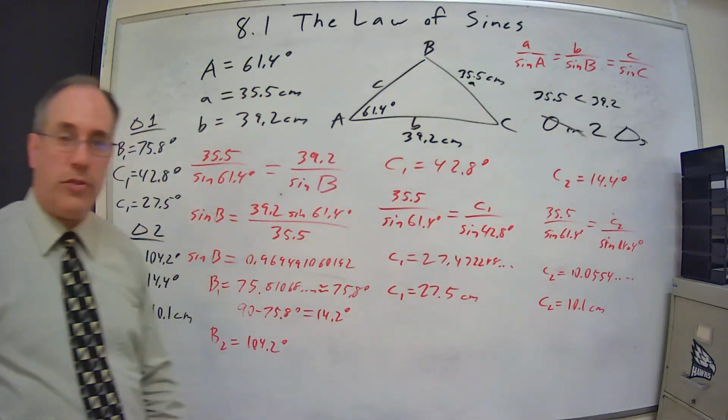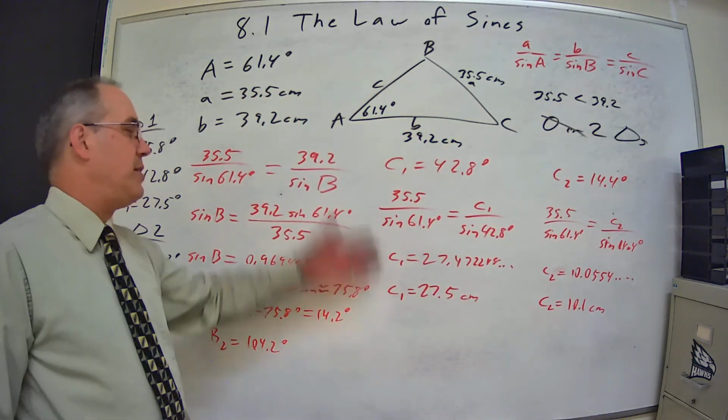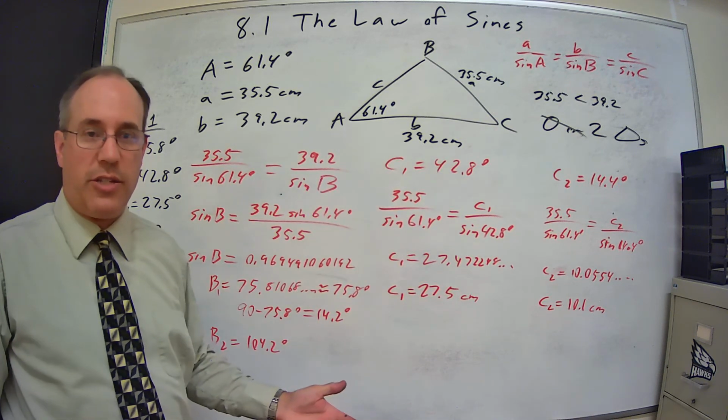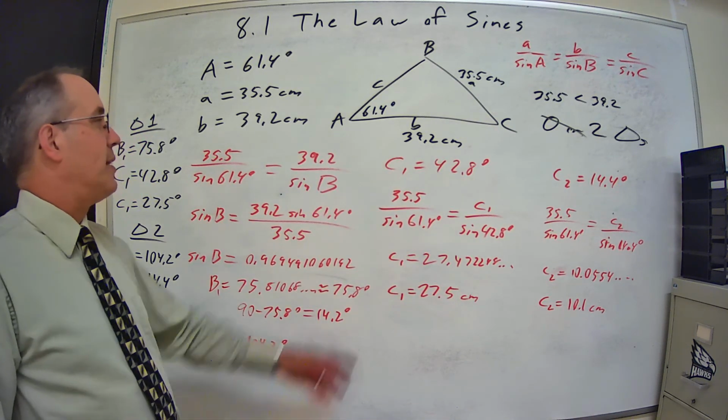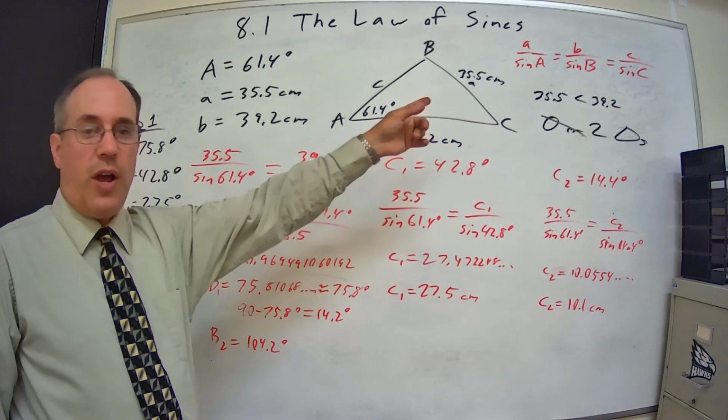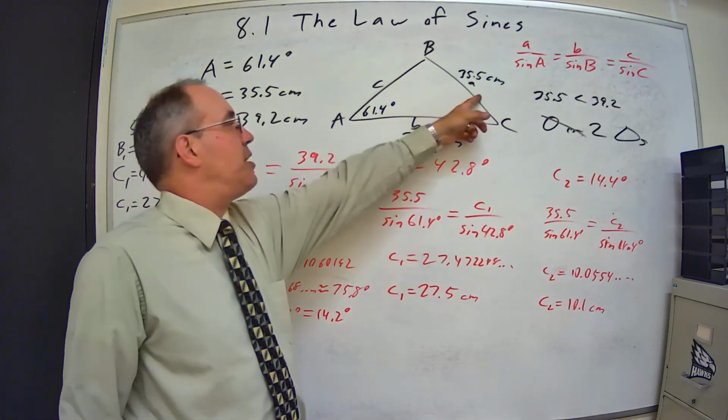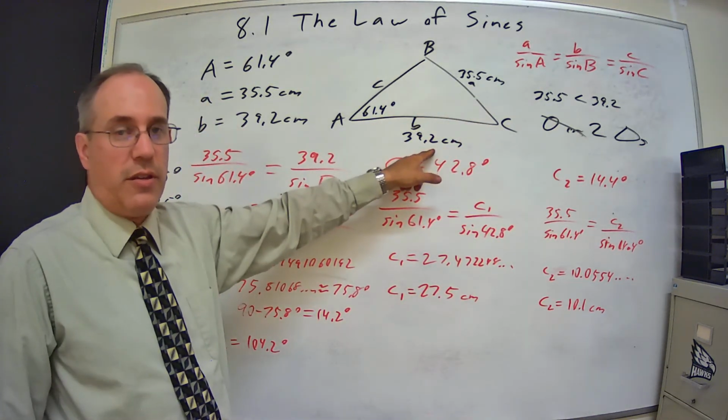So that's what happens if we end up with two triangles. Notice that we didn't run into any errors during our calculations. We just had to recognize the possibility of two triangles because the side opposite was shorter than the side adjacent.